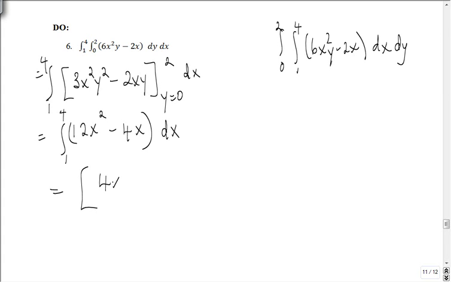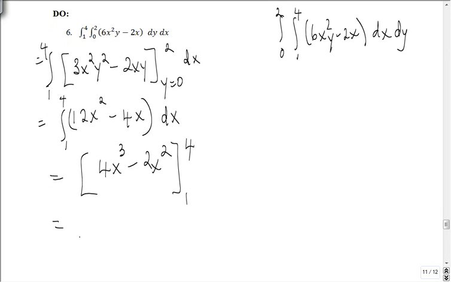Integrate further, 4x cubed minus 2x squared from 1 to 4. And then when you substitute there, you will get 222. Any questions?